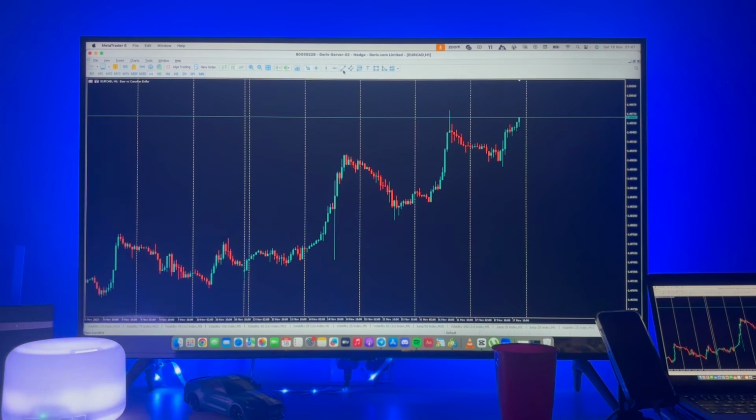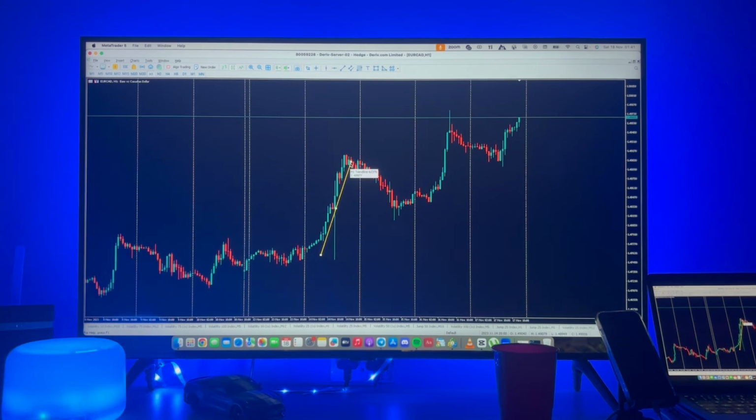So this one is very straightforward. As you can see, the price is very impulsive, very bullish. You understand? I'm interested in this part here because this was against the trend, right?